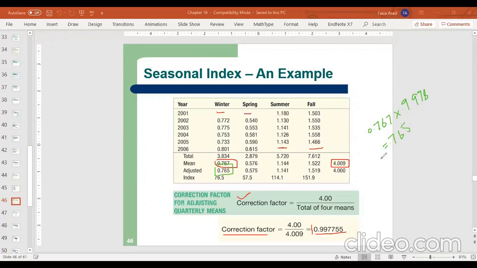Then we multiply this value by 100, and we get the index value, that is 76.5%. So this is the calculation for the seasonal index.